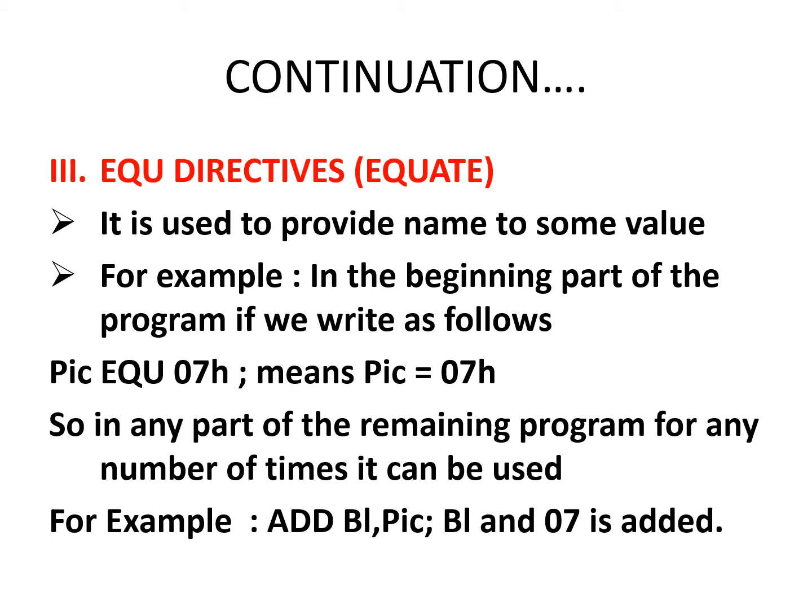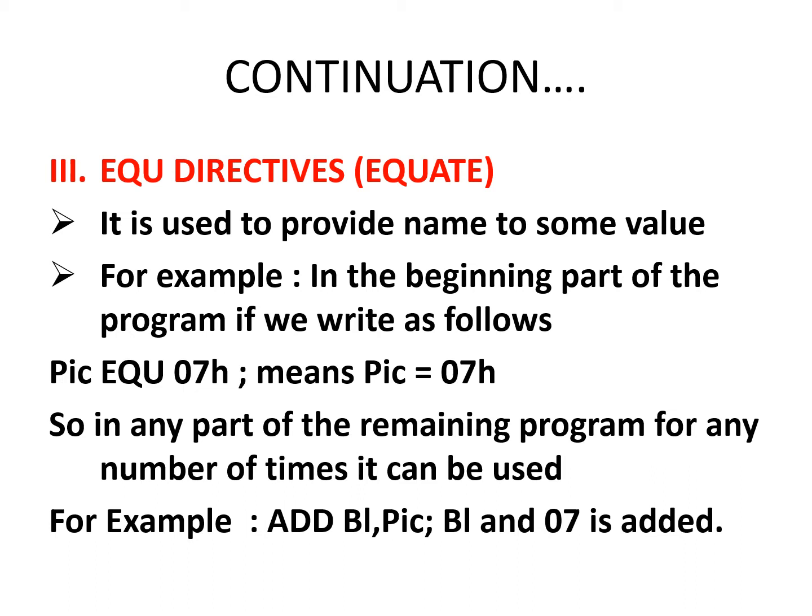The next directive type is the equate directive. The equate directive is what in a C program we mention as a global declaration. Global declaration means that before void main we mention some values, like declaring int a equal to 20. That a will be used throughout the program wherever we want. That is why it is called a global declaration.